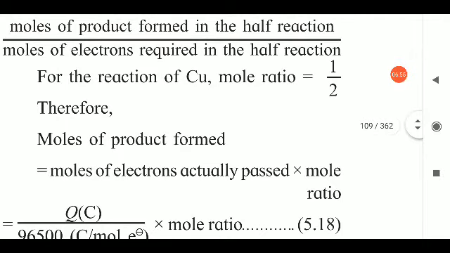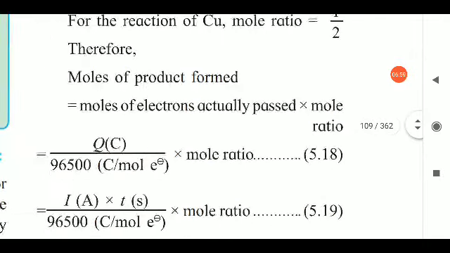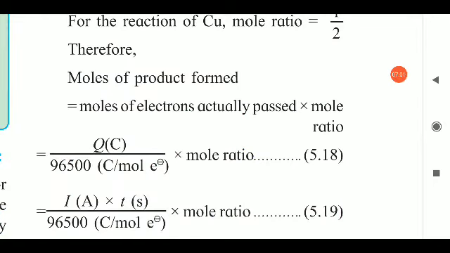Therefore, we can make a change in the formula, and this is the final formula to get the moles of product formed: the moles of electrons actually passed multiplied by the mole ratio.